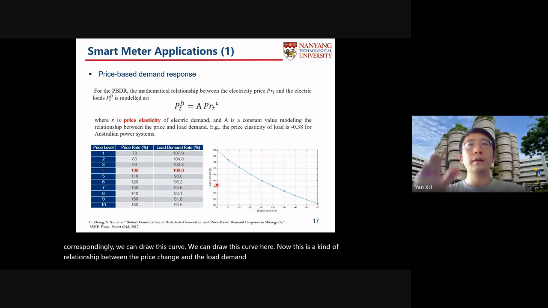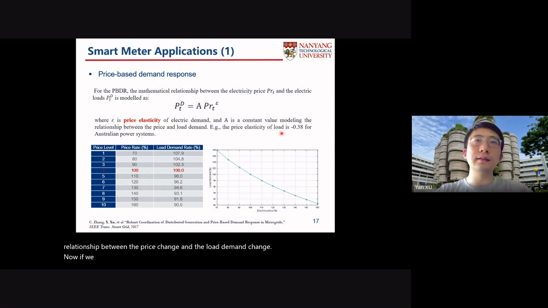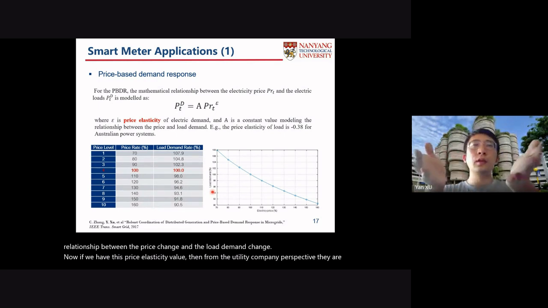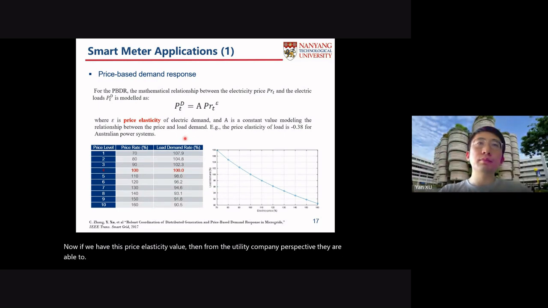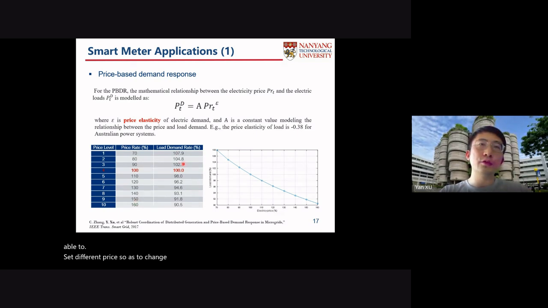Now, if we have this price elasticity value, then from the utility company perspective, they are able to set different prices so as to change the corresponding electricity demand. And this is the so-called price-based demand response.